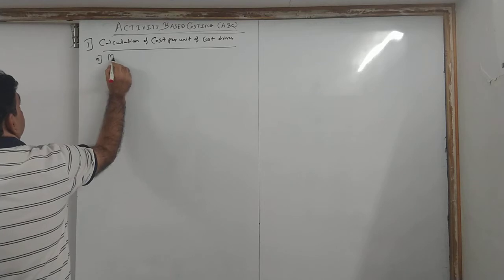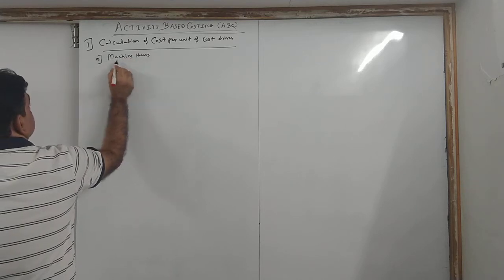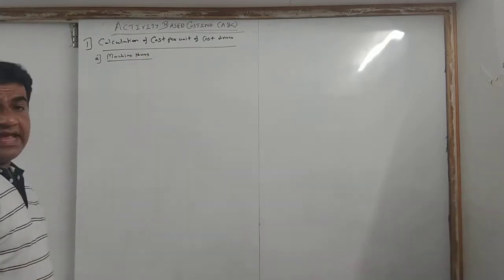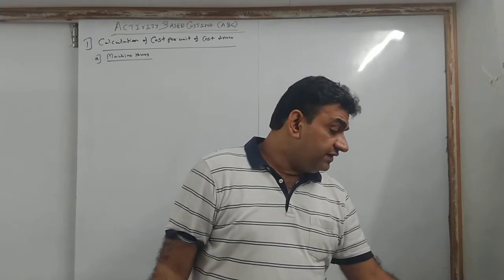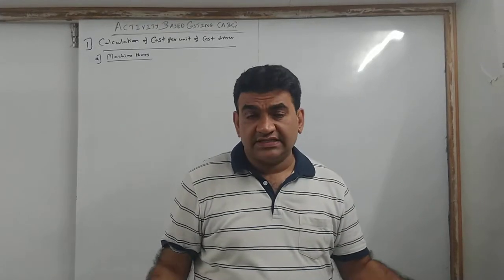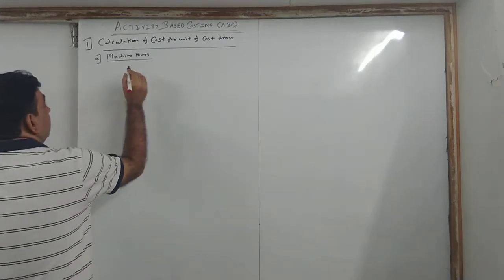A, machine hours. Okay? A, machine hours. Now listen. Total cost is given there of machine hours, that is 4 lakhs. So that will be my numerator. If I put it in the terms of formula, you can write like that.